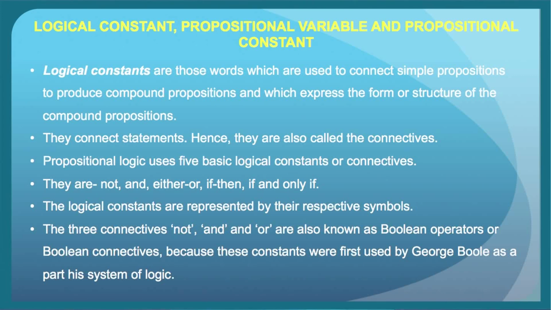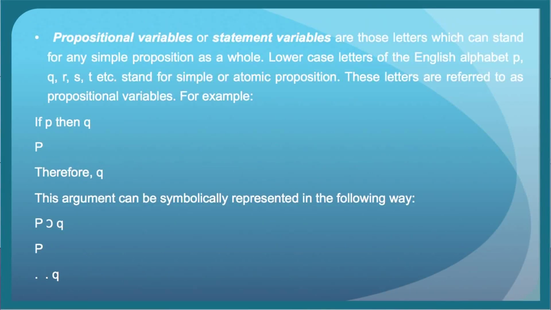Again, logical constants are represented by the respective symbols. The 3 connectives, not, and, or, are also known as Boolean operators or Boolean connectives, because these 3 connectives were for the first time used by George Boole. Propositional variables or statement variables are those letters which can stand for any simple proposition.